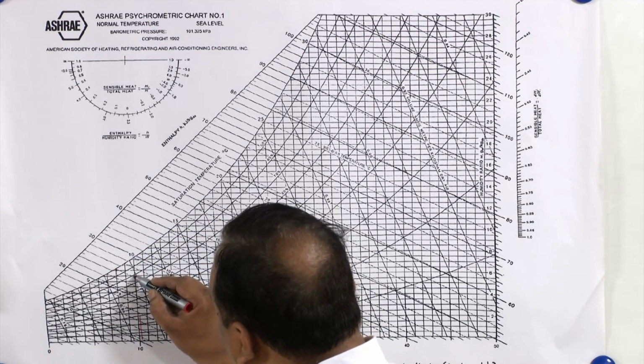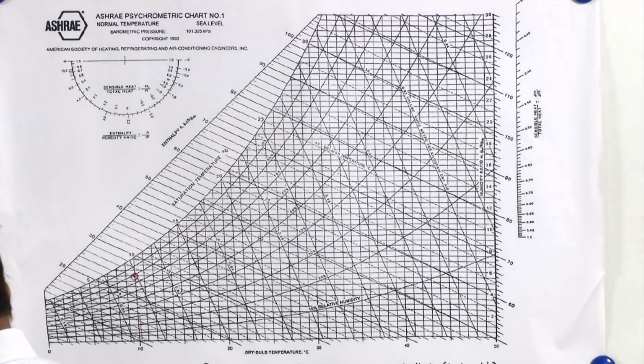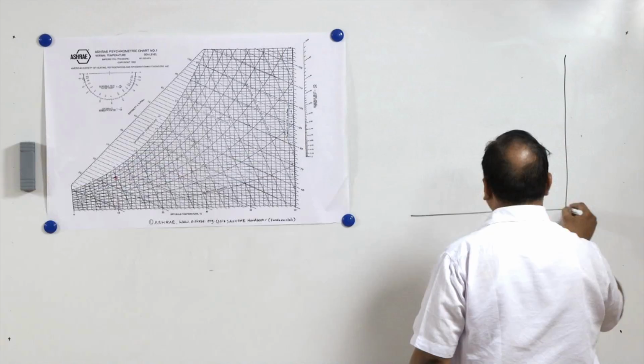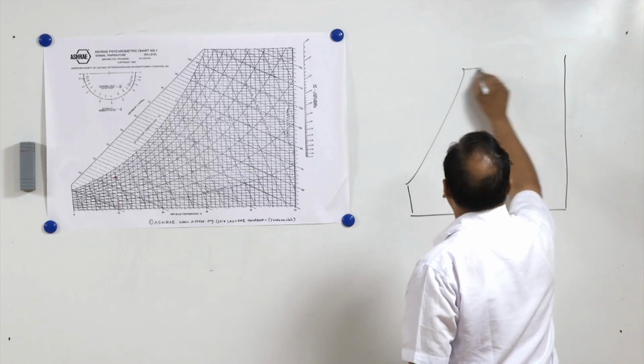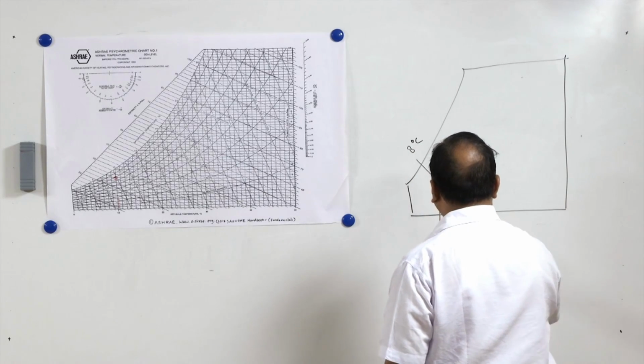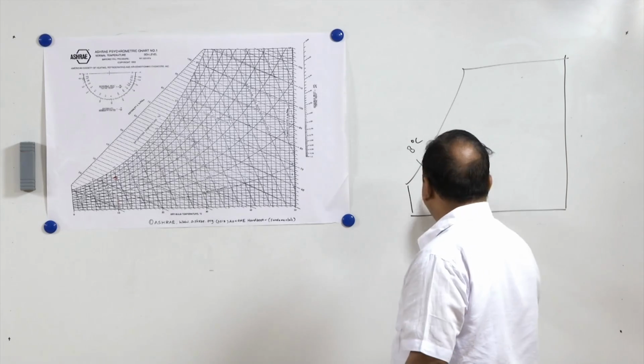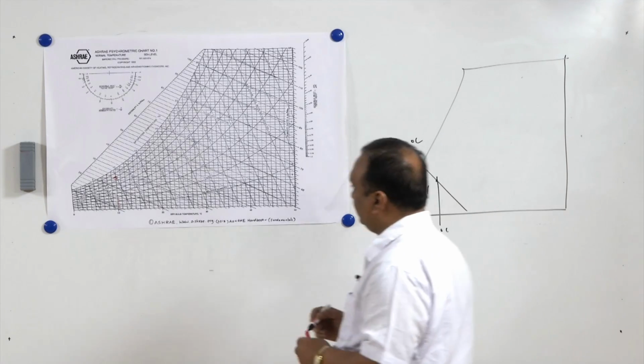This is the outside air condition. If we show this on the psychrometric chart, it is something like this. This is wet bulb temperature 8 degree centigrade and this is dry bulb temperature 10 degree centigrade. This is the state, let us say 1.